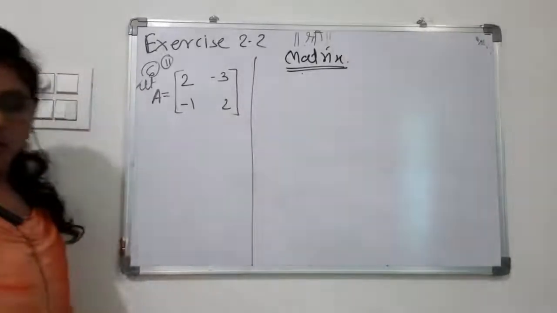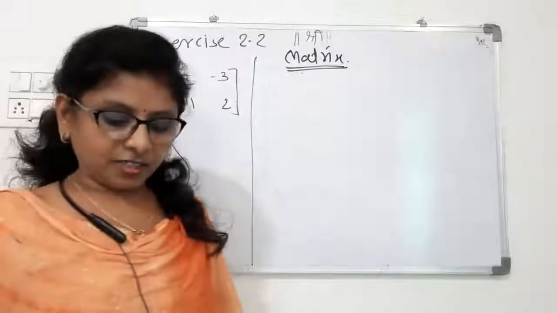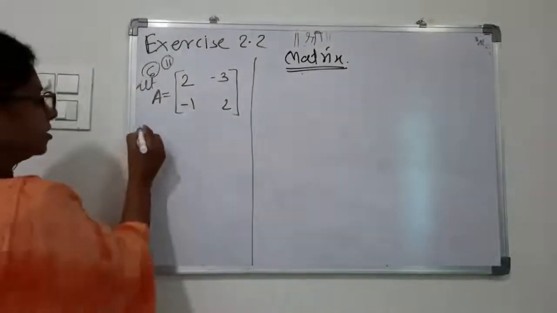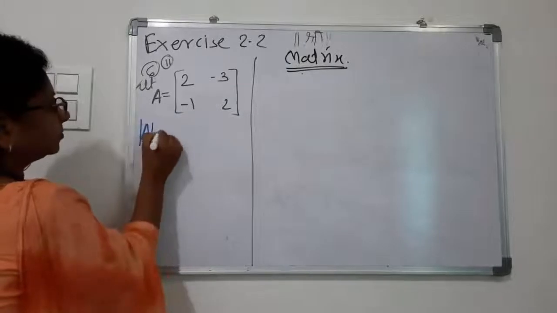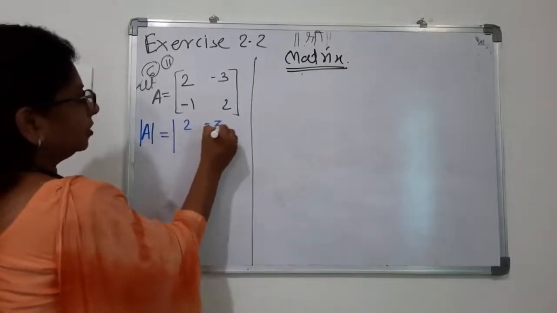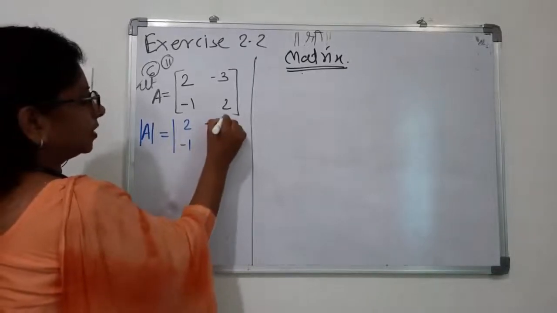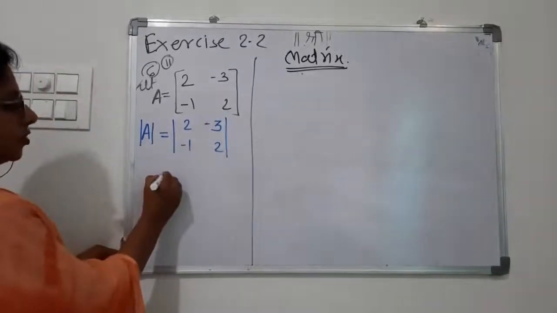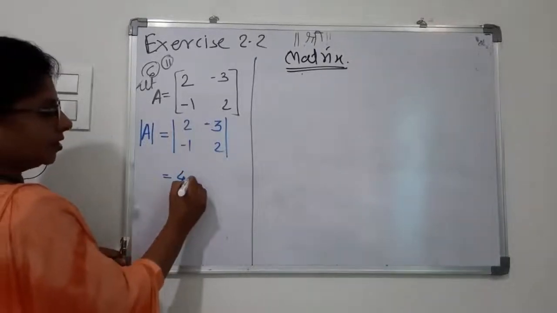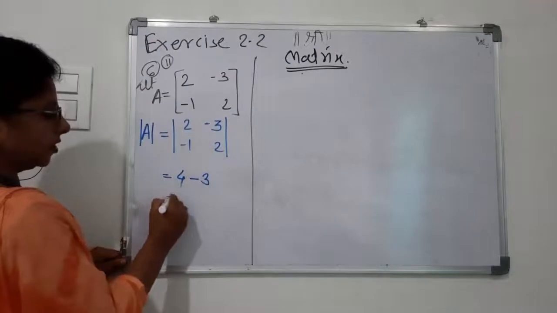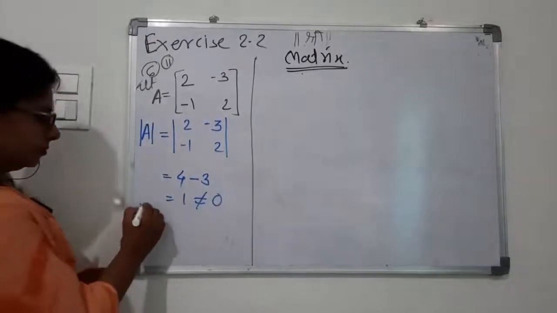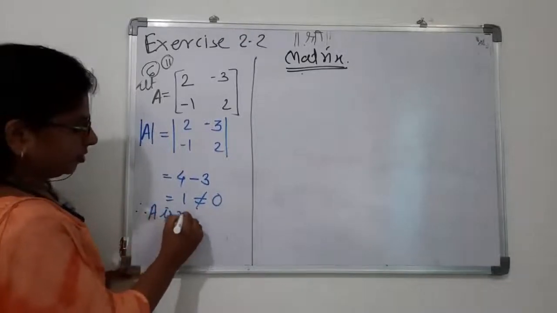We have to check whether this matrix is singular or non-singular. So find out the determinant of this matrix. Write down all the elements in two parallel lines and solve that. So 2 into 2 is 4, minus minus 3, that is 1, which is non-zero. Therefore A is non-singular.